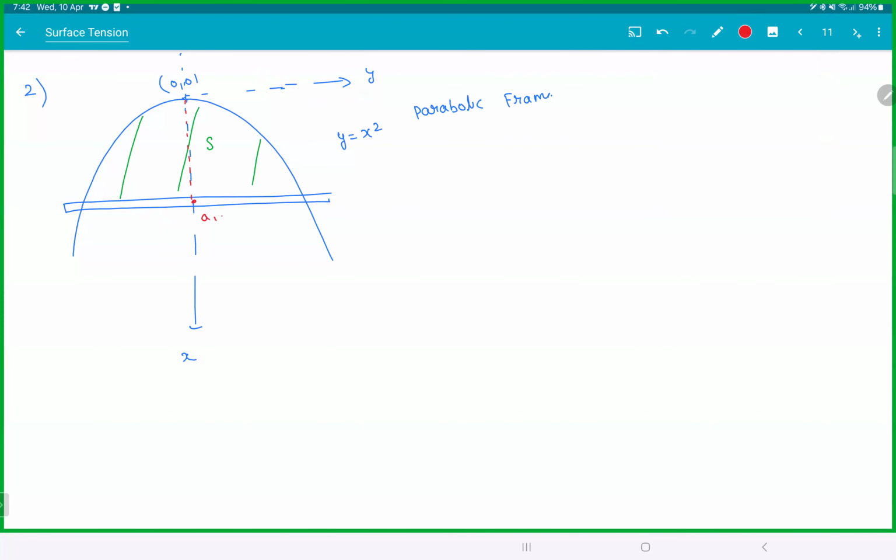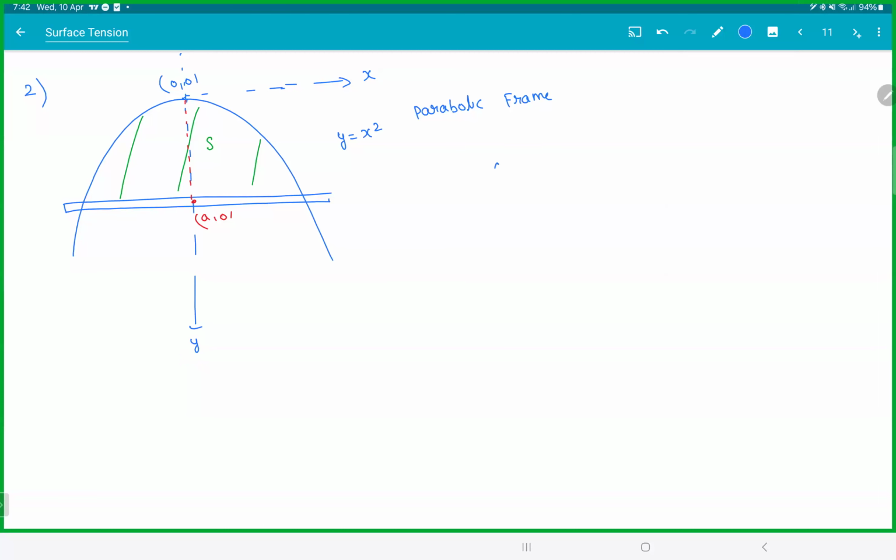This point is a comma 0, so it should be y square equal to x. Let me write y and x only then. Happy? Fine. So it's a parabolic frame.